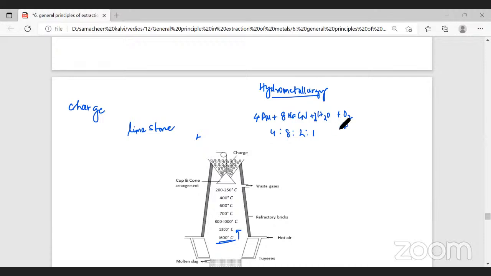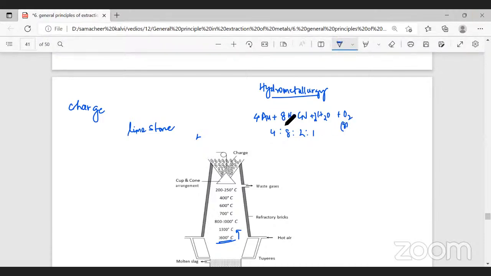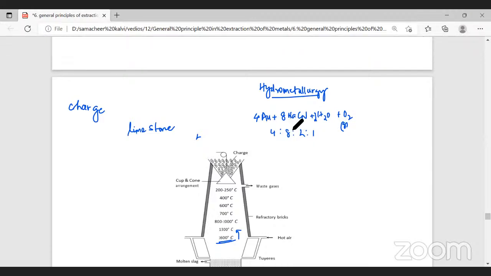So this ratio you should remember. Gold is soluble in sodium cyanide. It's done in wooden vats, wooden containers. When it dissolves in sodium cyanide, we get a complex, 4 moles of NaAu(CN)2, plus you get sodium hydroxide.